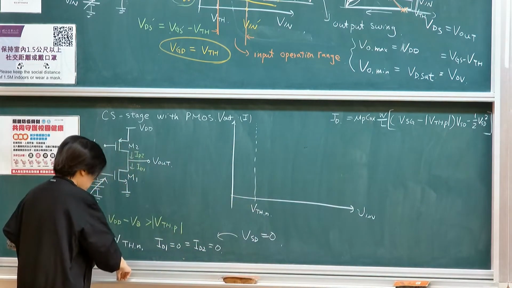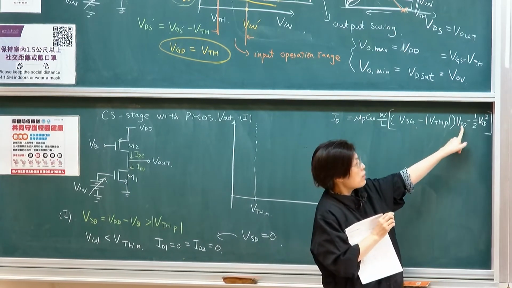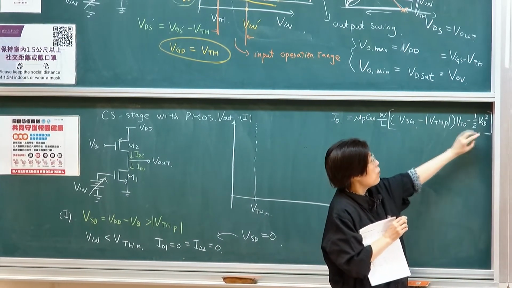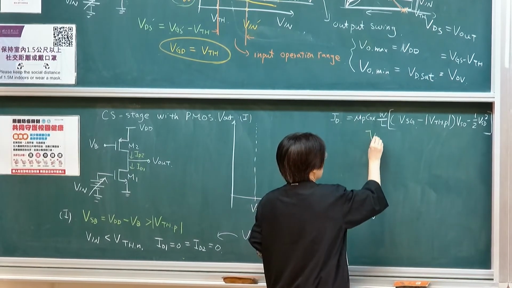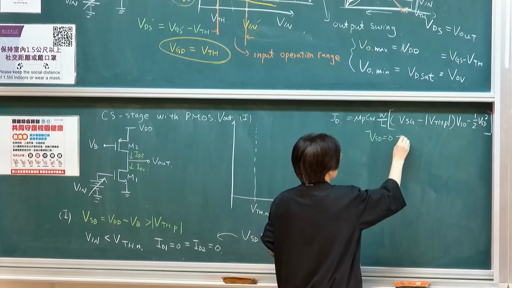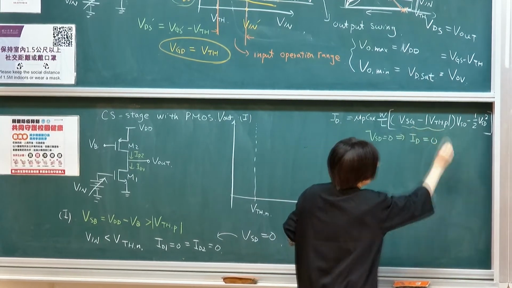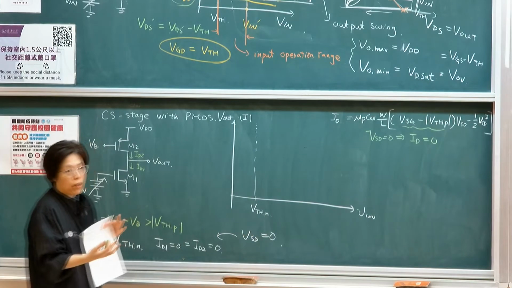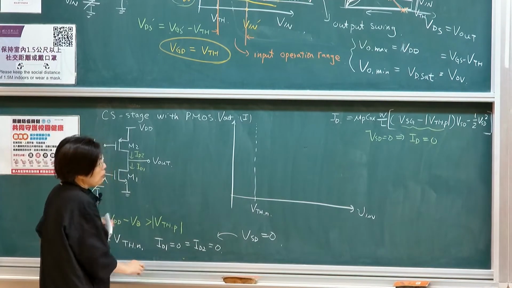So to make sure that it is 0, one is that this is 0, the other is that this is 0. So when VSD is 0, then the current will be 0. So when VSD equals 0, ID is 0, even though this one is non-zero, even though you have inversion charge, but there's no drift, there's no lateral electric field to pull it.